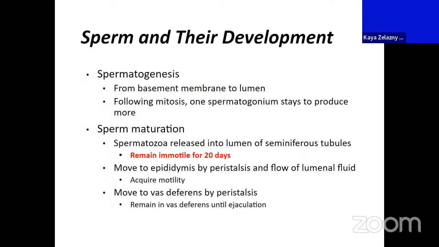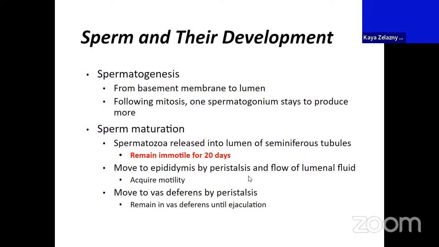This is happening by peristalsis and the flow, just like the actual movement of the fluid that's in the tubules. So we've got kind of pulsing of little bits of smooth muscle. You can imagine that peristalsis process. I'm just going to imagine it as analogous to what's going on in the GI tract.